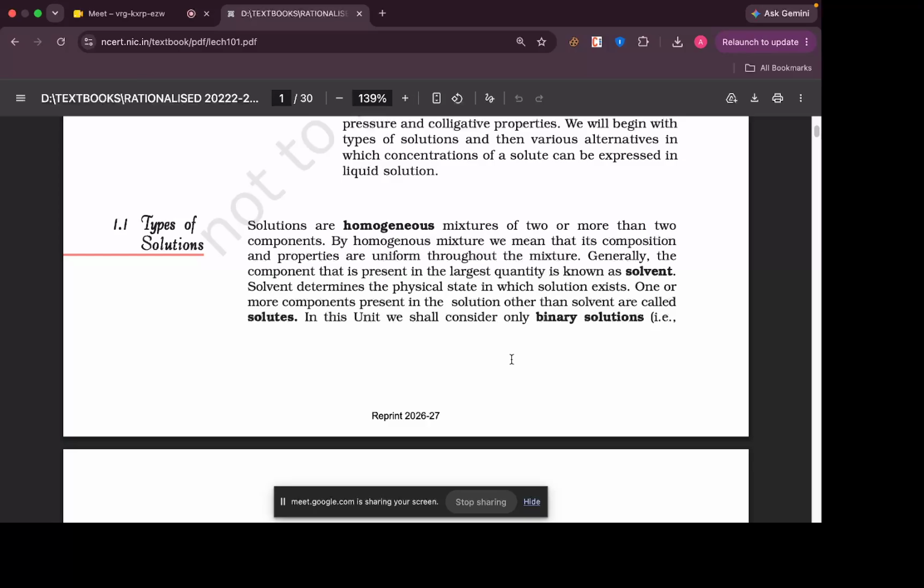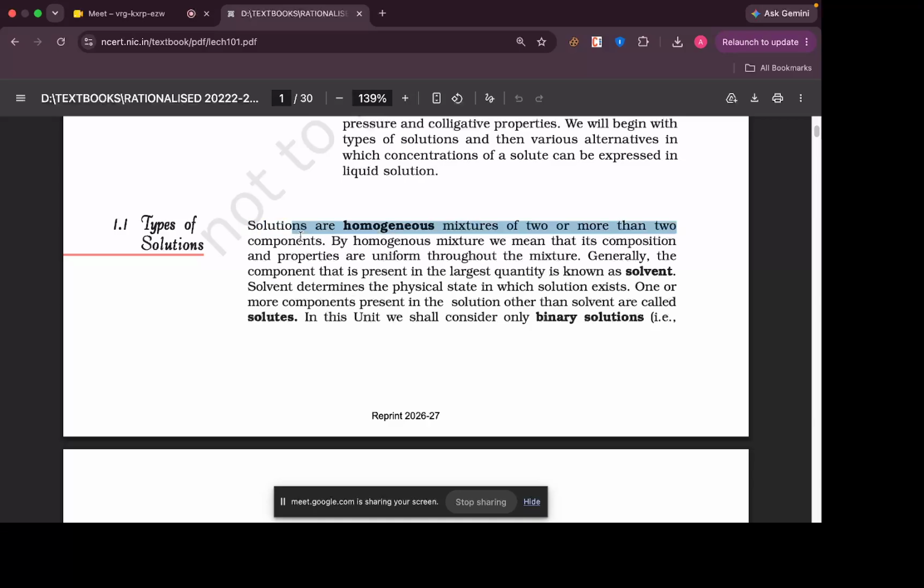So here the statement comes that types of solution can be homogeneous and heterogeneous. Now at this point of time you already know that homogeneous means when we have two components, composition and properties are uniform, and if it is not uniform then it will be heterogeneous. Very simple. So homogeneous we know, heterogeneous we know.